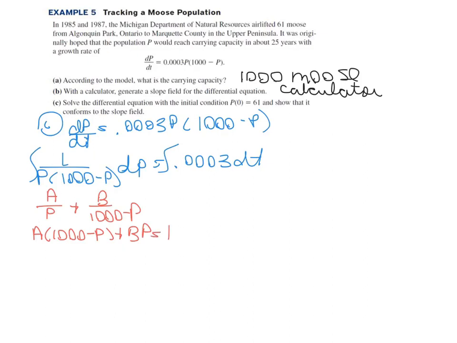And if I go ahead and solve these, first I'll put in that p is equal to 1,000, therefore B is going to be equal to 0.001, and then I'll put in that p is equal to 0, and therefore A is equal to 0.001 as well. Okay, so now we're going to go ahead and do our integration.